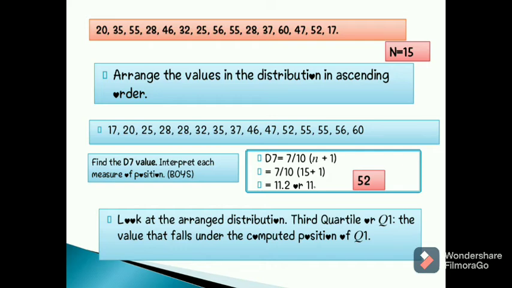Because it is on the right side, 11.2 will be rounded down to 11. And our 11th position is 52, because we just count from left to right in our data arranged in array form, or in ascending order. So we got 52 as our 11th position.